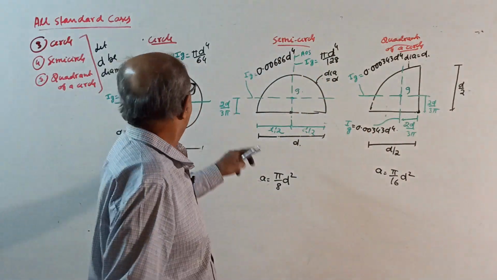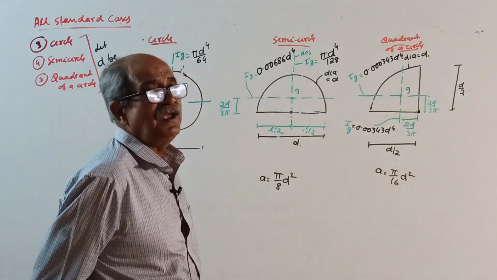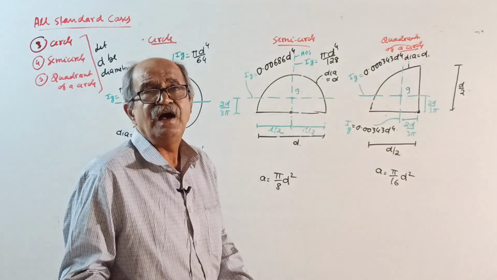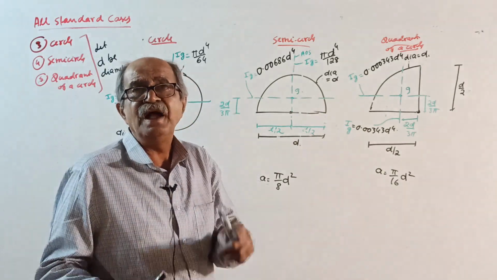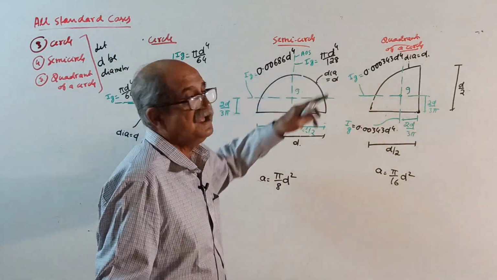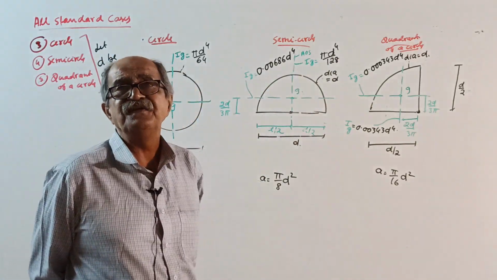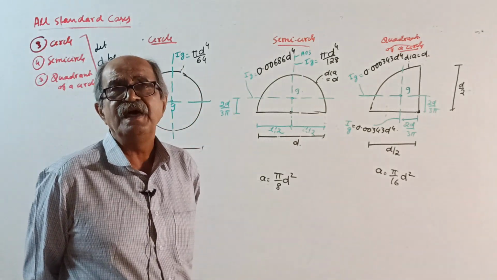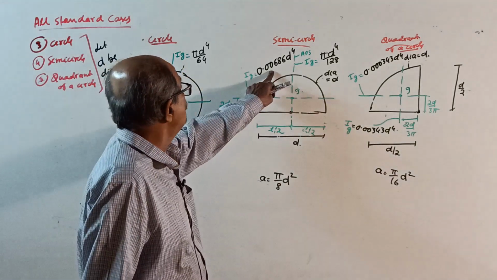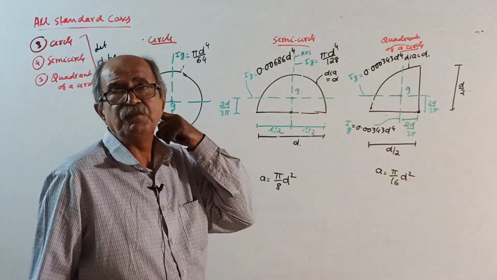I for circle is πd⁴ by 64. Semicircle, if it is the symmetry axis, I is half of the I for circle: πd⁴ by 64 means πd⁴ by 128. But if it is not the symmetry axis, then pi is not there and a decimal number is there, 0.00686 diameter power 4.